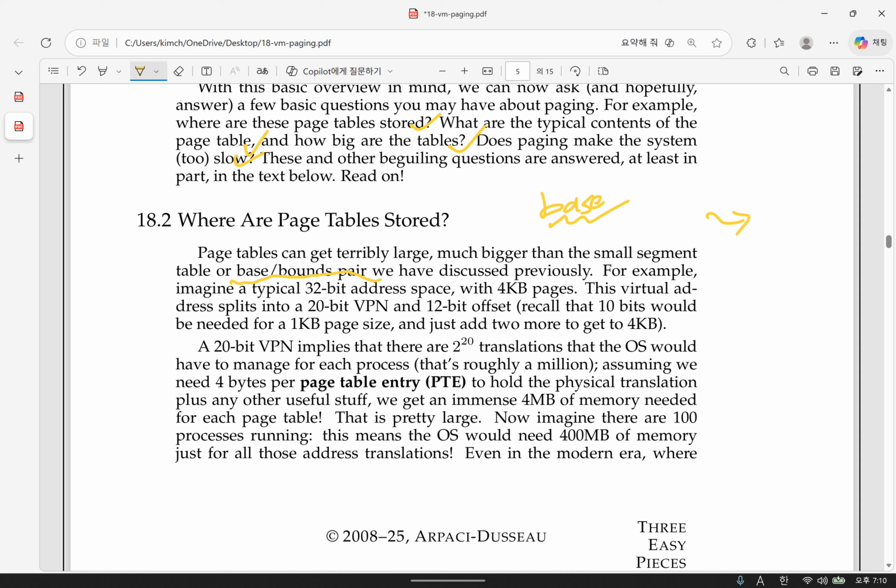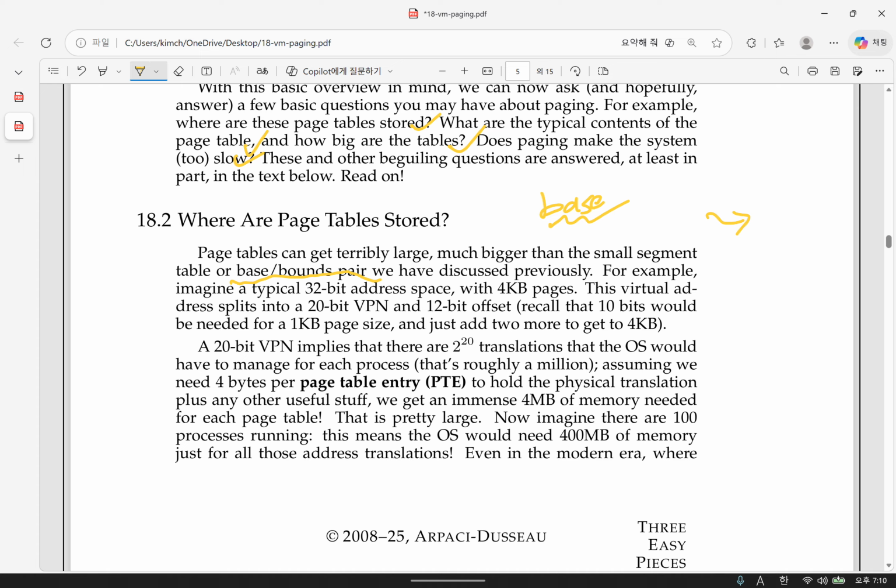So it was really fast, but there were some problems. If you look at the similarities of the two first, and then look at the problems of base and bounds that paging solves.